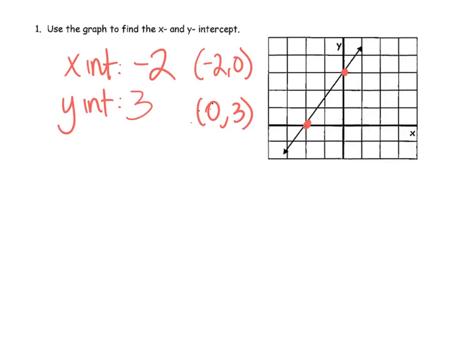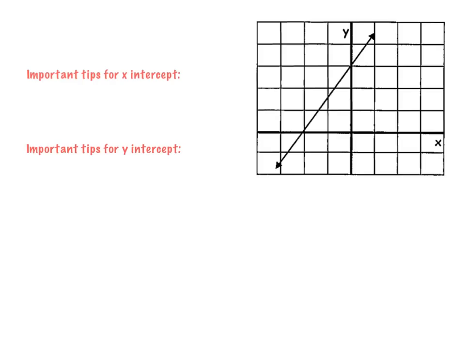The next is not on your paper. I'm just going to go over some things that I think are going to help make this task easier today. Please don't work ahead. This is the same graph that I just gave you. The x-intercept. Didn't you say that it was -2? How do I write that in ordered pair format again?